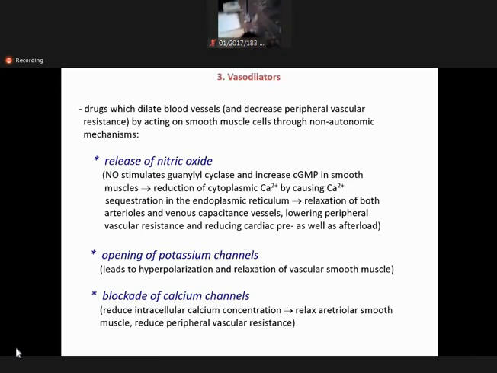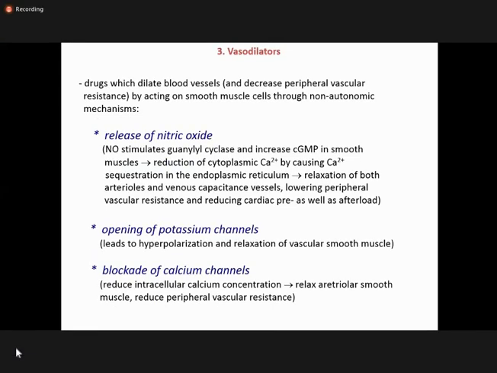Nitric oxide stimulates guanylyl cyclase and increases cyclic GMP in smooth muscle, and that will lead to reduction of cytoplasmic calcium by causing calcium sequestration in the endoplasmic reticulum, relaxation of both arterioles and venous smooth muscle, that will lead to decreased peripheral vascular resistance and reducing cardiac preload as well as afterload.